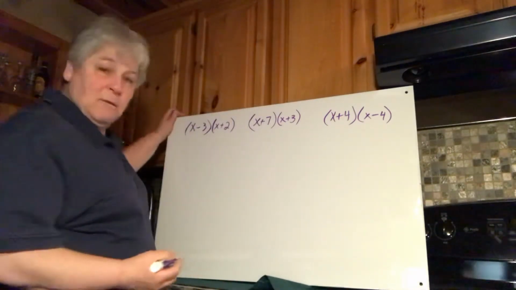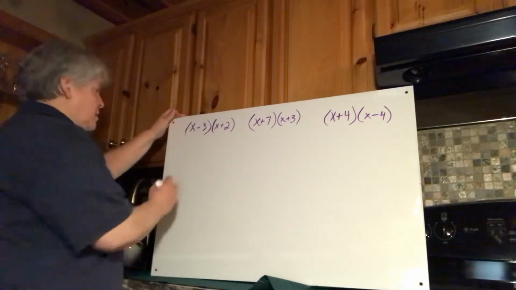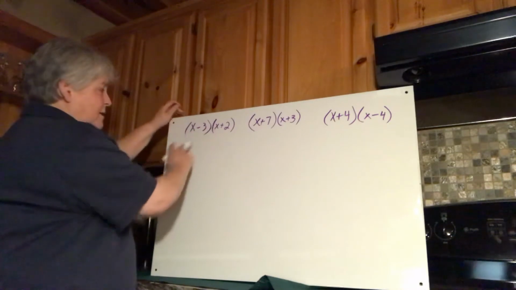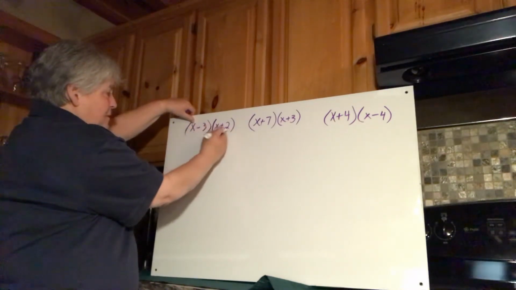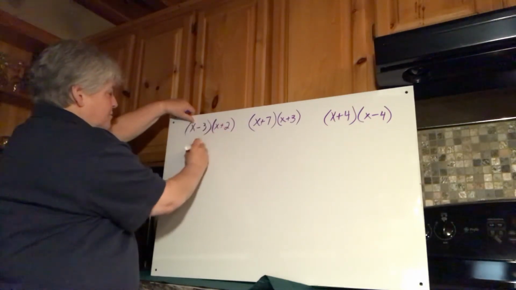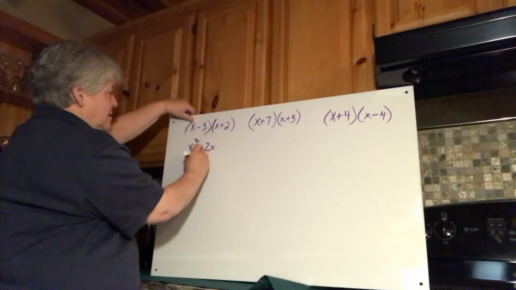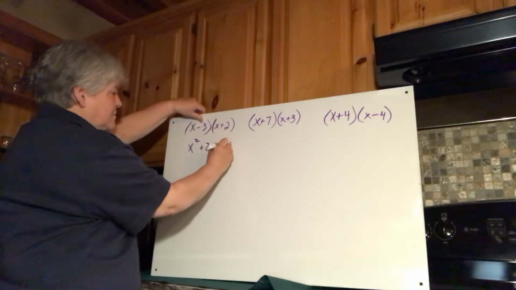So here I have some problems that we did, say, two sections ago, where we were practicing foiling or multiplying. I'm going to multiply the x by the x and the x by the 2: x squared plus 2x, and then it's negative 3's turn: negative 3x.